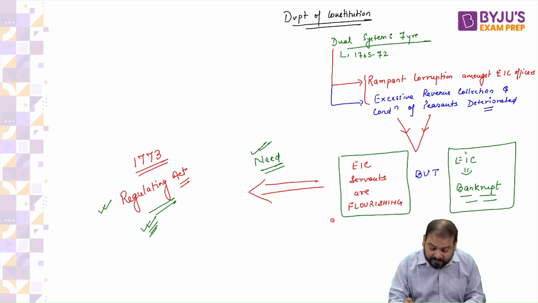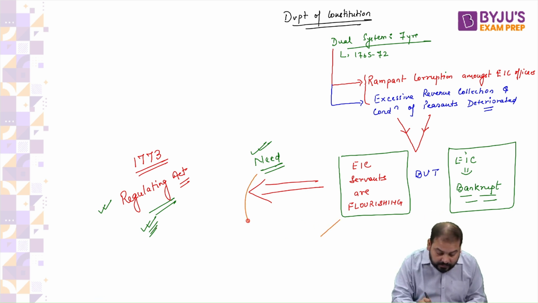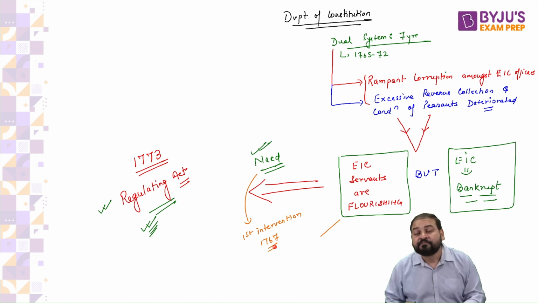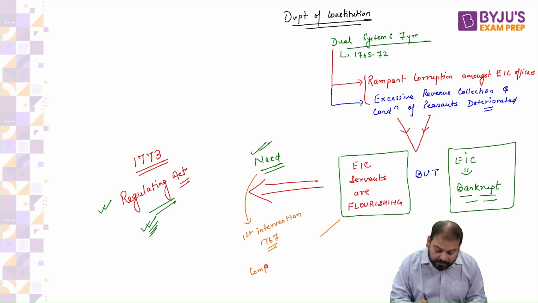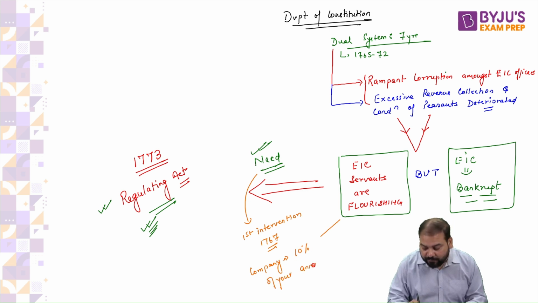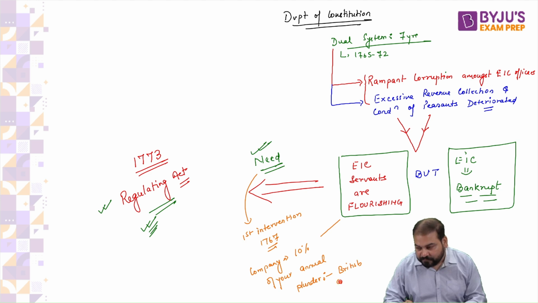Though I must say that the first intervention was as early as 1767, when the company was told that, see, a minimum of 10% of your annual plunder should be given to the British government.